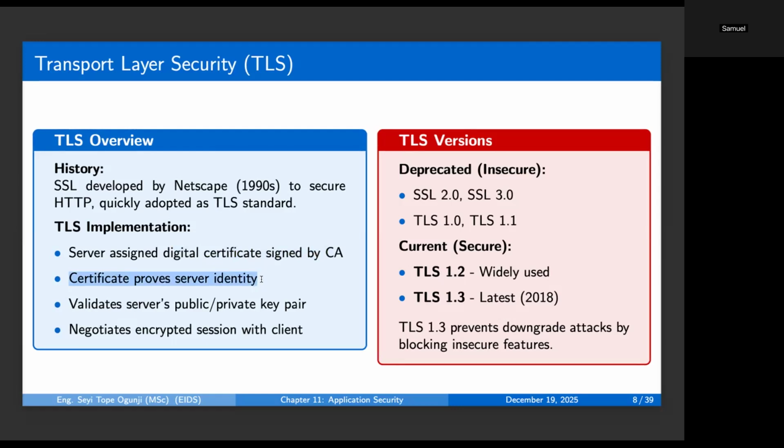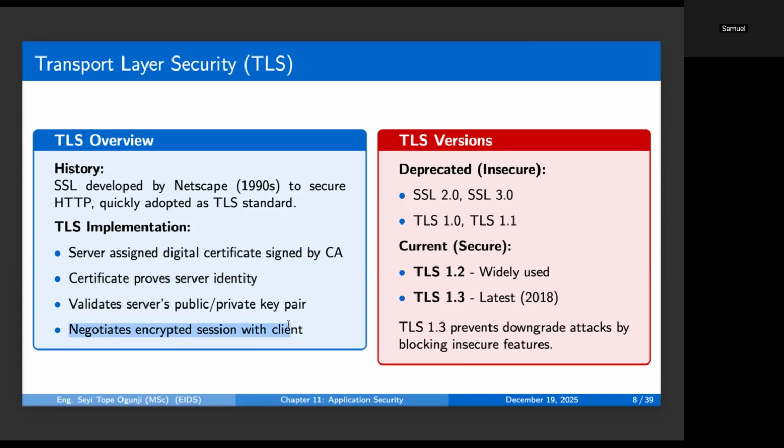When that has happened, the next level will be the validation of the server's public-private key pair. Then the next thing will be that the encryption will take place, and then there can be normal communication between our system and the internet.